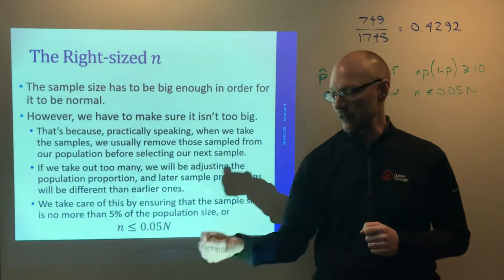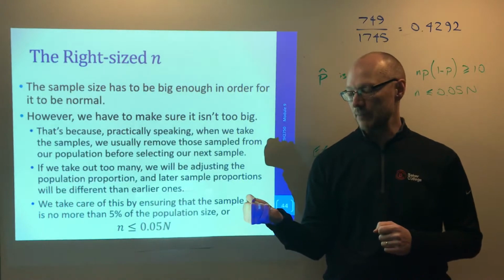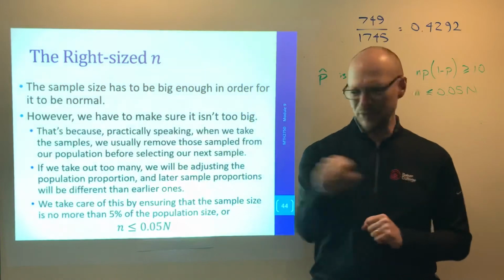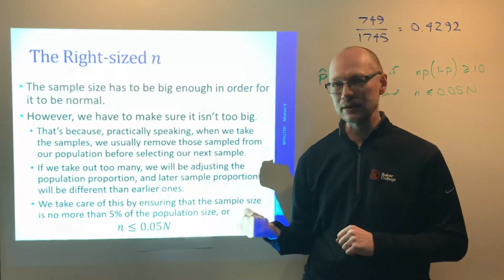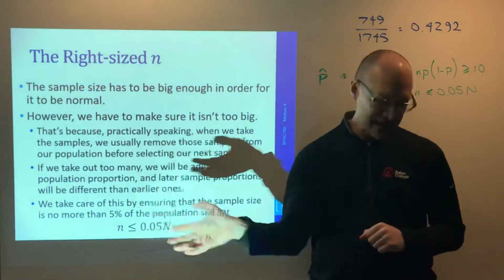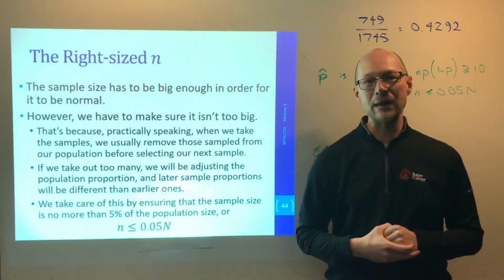Think about those pennies. I grabbed 10 pennies out, found the average weight, and then I probably set those aside, right? I'm not going to put them back in the pile of pennies and grab again, because I'll probably just grab the same amount that I did before. So we clear those that we've already sampled out of the way.